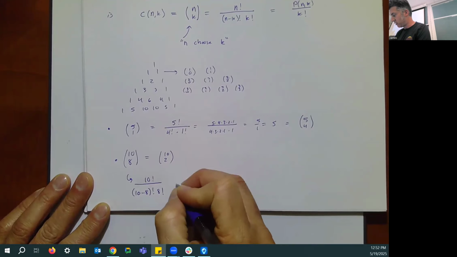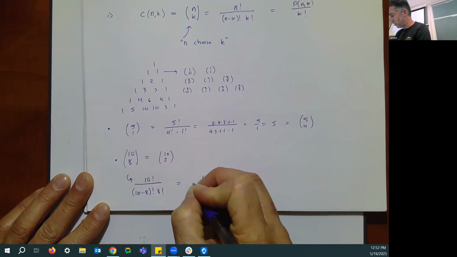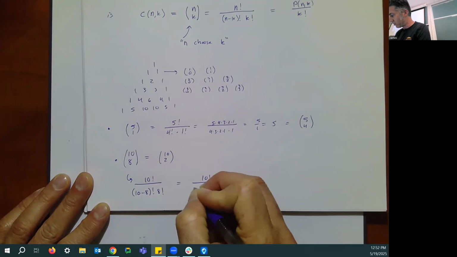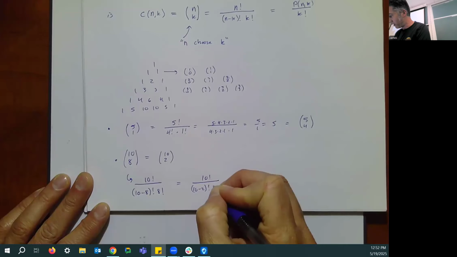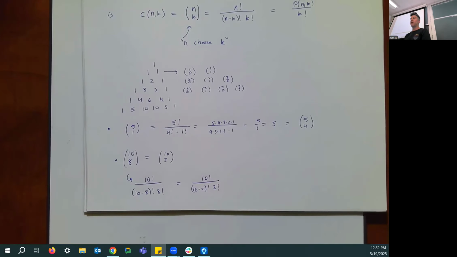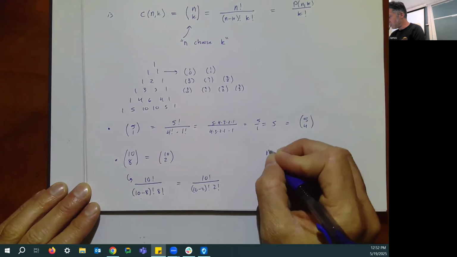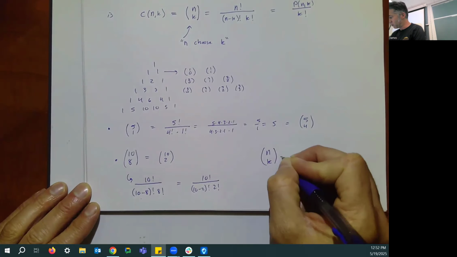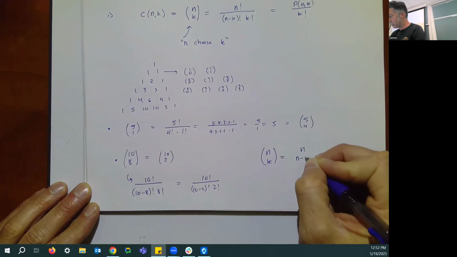And 10 choose 2 is going to be 10 factorial over 10 minus 2 factorial times 2 factorial. Those are the same thing. That's 10 factorial over 2 factorial times 8 factorial. That's 10 factorial over 8 factorial times 2 factorial. They're the same. So we have this nice symmetry property for the choose function, which is that n choose k is equal to n choose n minus k.